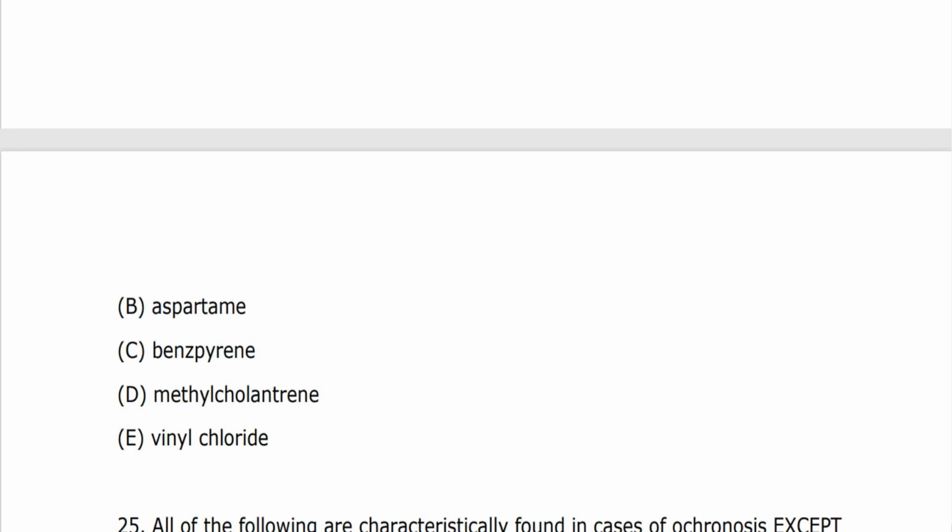Benzpyrene is an aromatic hydrocarbon, and when you hear aromatic hydrocarbons, you think about bladder cancers. Methylcholanthrene is the laboratory chemical used in experimental cancer research to induce mutation. Then vinyl chloride, polyvinyl chloride, is implicated in angiosarcoma. I think I should write all of those down.